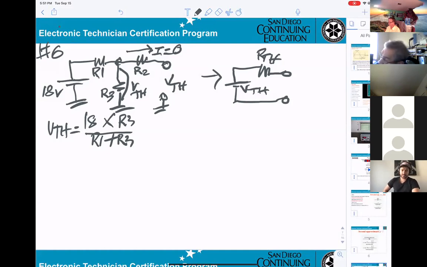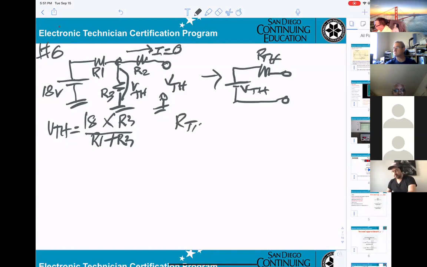Okay, and the last one, calculate R Thevenin. To calculate the R Thevenin, you have to follow the rules. If they get the source, you have to remove it. Voltage source, shorted. Current source, open. So now I want to calculate R Thevenin. So I redraw that one.